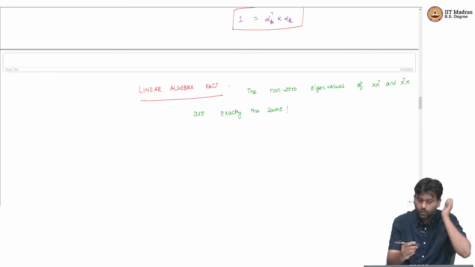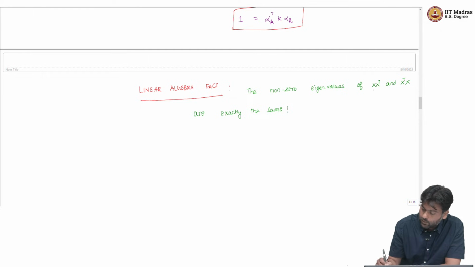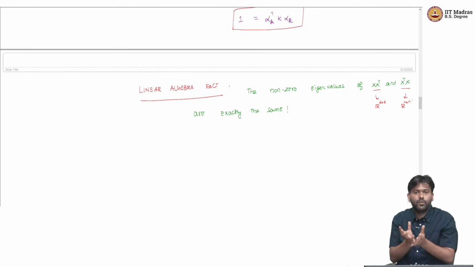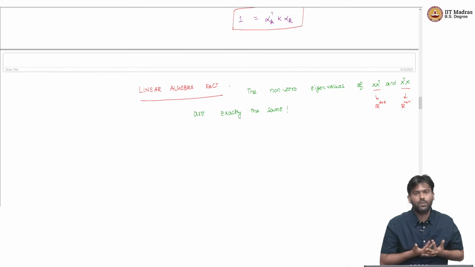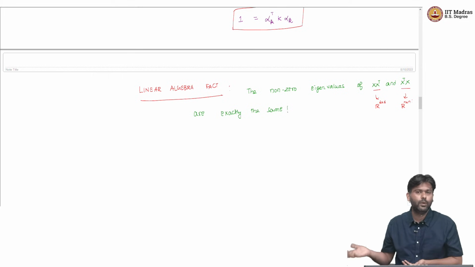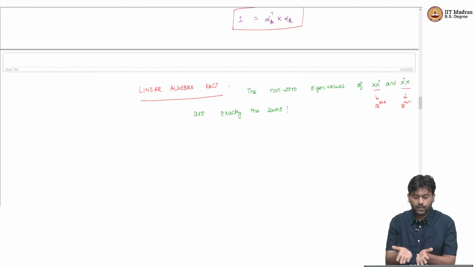Now to make it precise, X X transpose is a matrix in D cross D, X transpose X is a matrix in n cross n. But because both of these come from the underlying X, which is D cross n, their eigenvalues are related. In fact, if you are aware of the singular value decomposition of matrices, then you can simply use that to prove this in 2 steps.